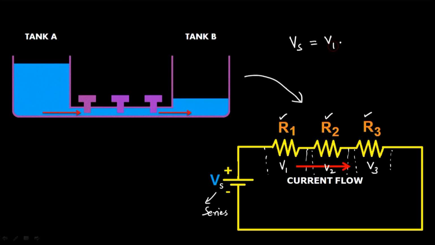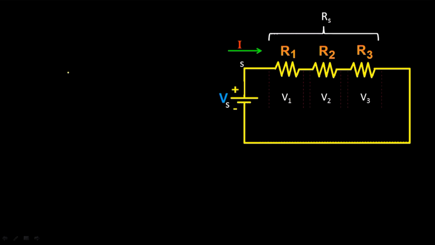So we can say that Vs is equal to V1 plus V2 plus V3. In this series connection of resistors, Vs is the supplied voltage and Rs is the total resistance of the circuit. We have seen that Vs is equal to V1 plus V2 plus V3, where V1, V2, V3 are the voltage drops across the resistors R1, R2 and R3.